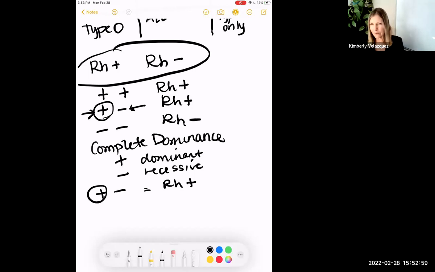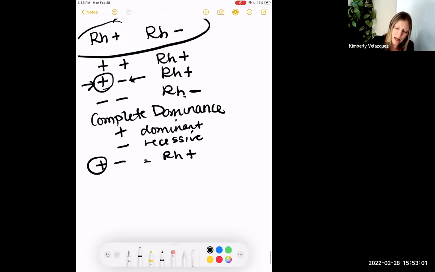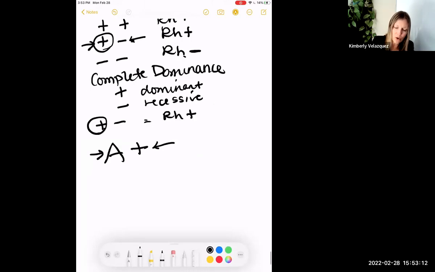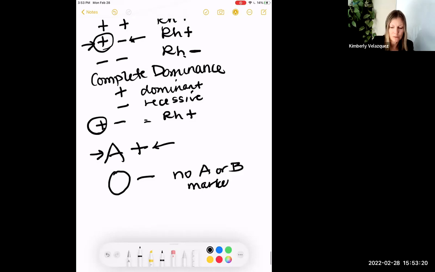So the positive and negative is a separate thing. If you're A positive, it means you have the type A marker and you have the Rh marker. If you're O negative, it means no A or B markers and no Rh markers.